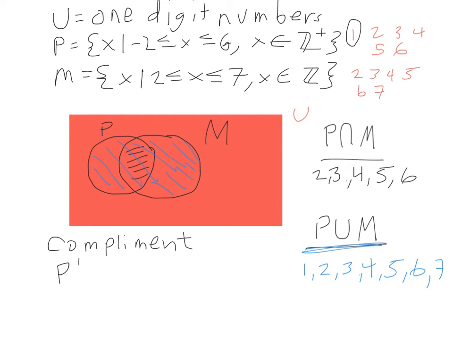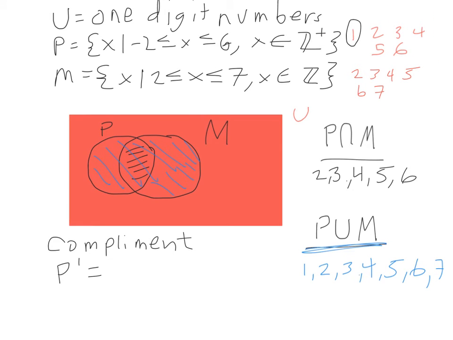Because the one-digit numbers includes everything from 0 up to 9, right? Where I guess I should have said non-negative one-digit numbers, so 0 up to 9. Then the complement of P, or P apostrophe, would include all of those numbers that are not part of P.